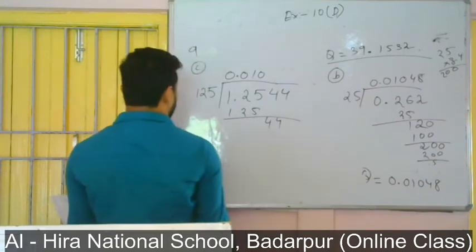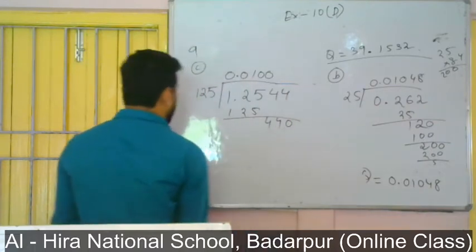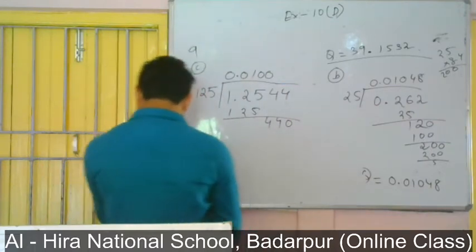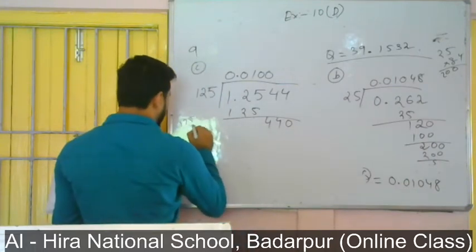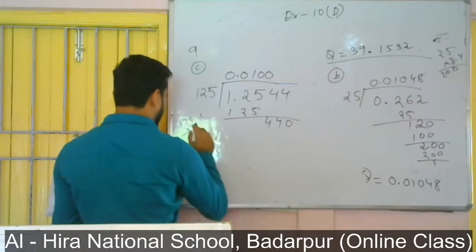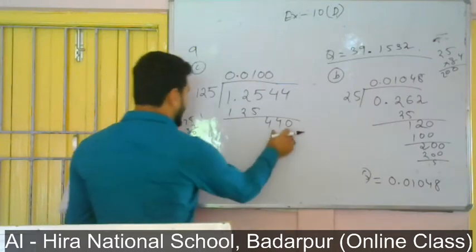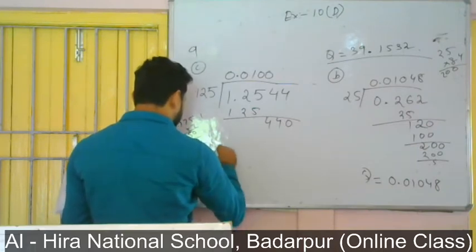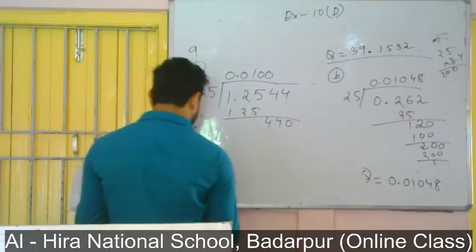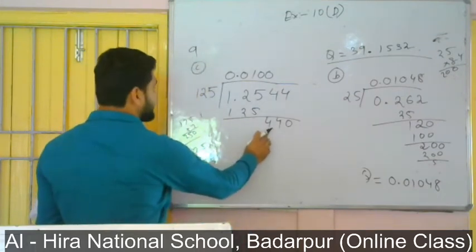So again we'll take 1 0. We'll put 1 0 here. Now we can check with what? 125 2s are how much? 5 2s are 10 and 1, 2 2s are 4 and 1 5, 2 1s are 2, 250, but here 440. So let us check with 3. 3 5s are 15 and 1, 3 2s are 6 and 1 7, and 3 1s are 3, 375, and here 440.